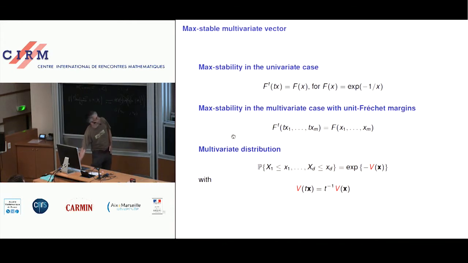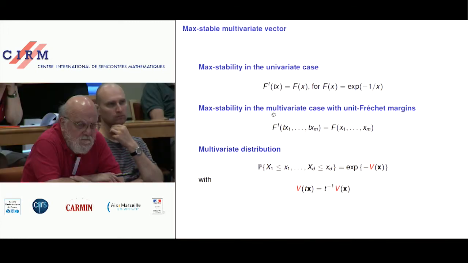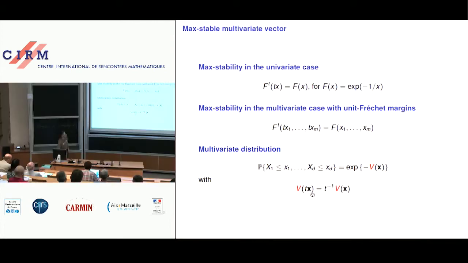And so the mathematical question is, what are the simple properties for this kind of distribution? Well, of course, you can always rewrite this as the exponential of something. And if you want to preserve this property, that means you can write V of tx equals t to the minus 1 times V of x. So you have this homogeneity of order minus 1. Basically that's it.